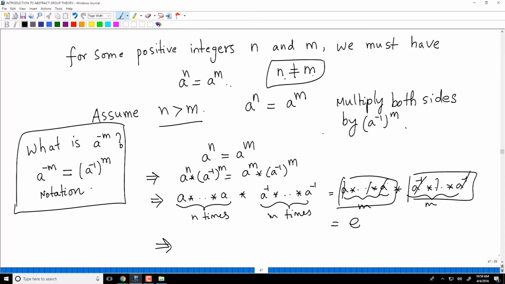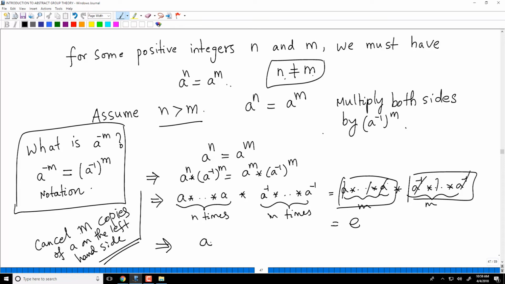So, cancelling m of them, what will be left on the left hand side? We cancel m copies of a on the left hand side using a inverse.